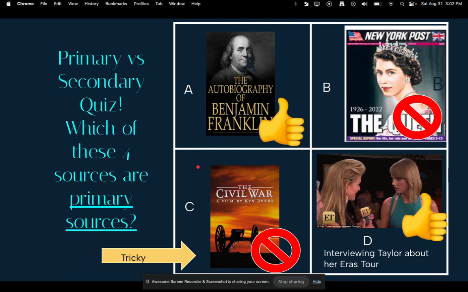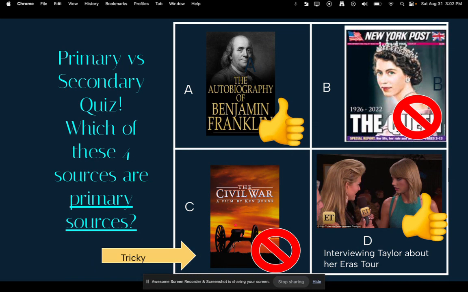You would think, a documentary? How is that not a primary source? Yeah, right? You would think that, but it's actually considered a secondary source. But there could be primary sources in it. So, for example, most documentaries are usually narrated. That would be the secondary source.